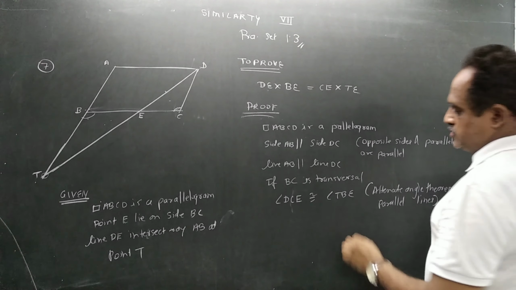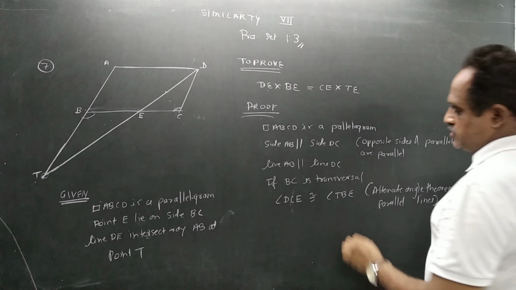But we don't require DC and TB. I'll take these two only. DE upon TE is equal to CE upon BE, or you can write DE into BE is equal to CE into TE, and this is your final proof. Okay, copy this down.